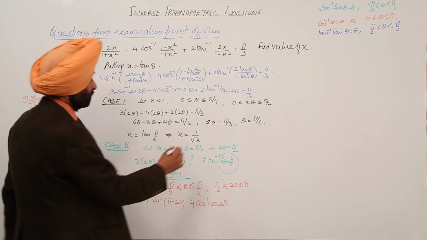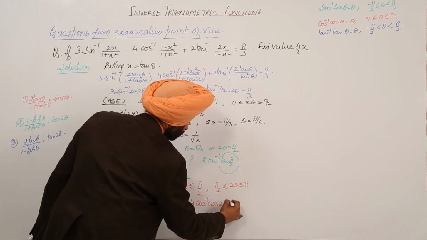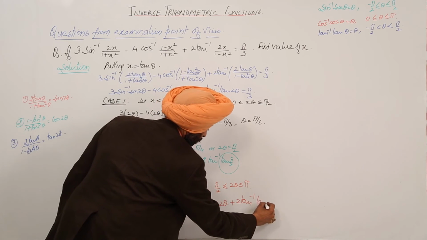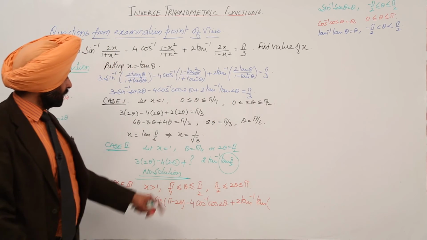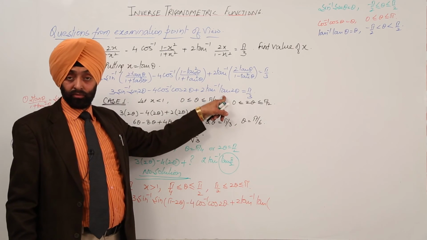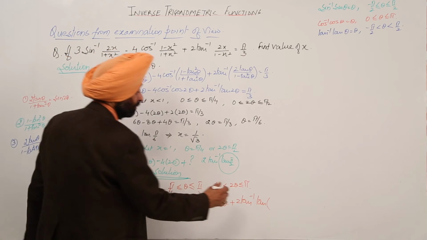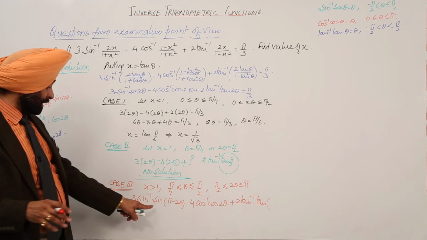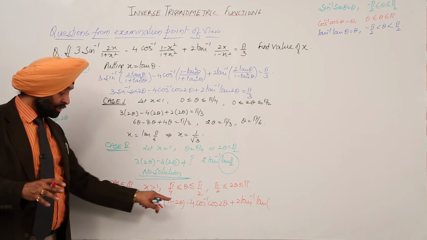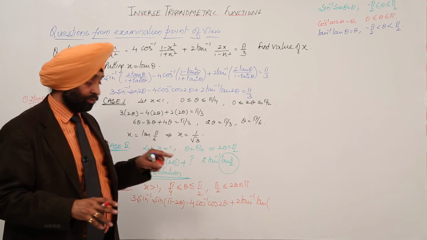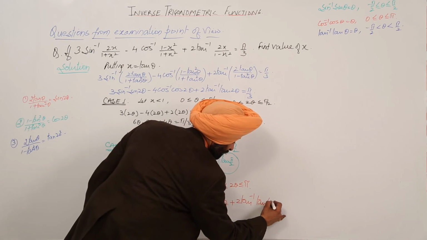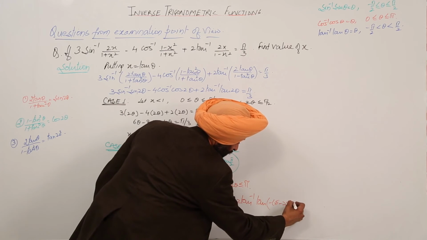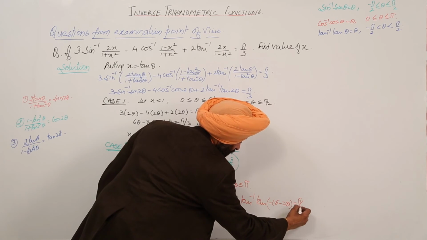Now again, for this part, plus 2 tan inverse tan. Now what should I write here? I have to again convert this. So this will now become pi minus 2 theta. In the second quadrant sine is positive, so we have not changed it, but tan is negative, so we write tan of minus of pi minus 2 theta, this is equal to pi by 3.